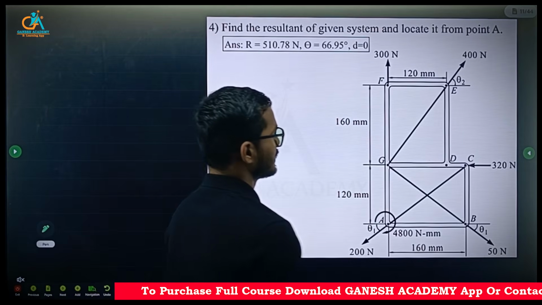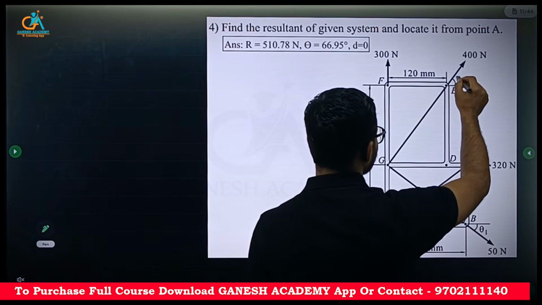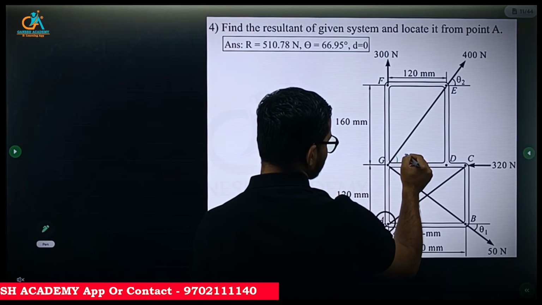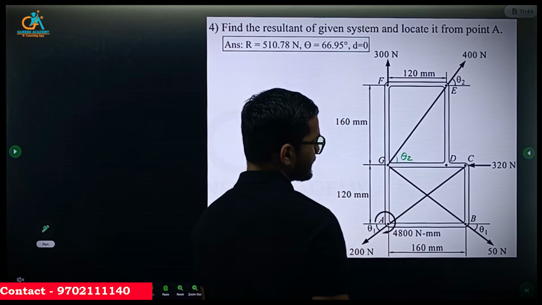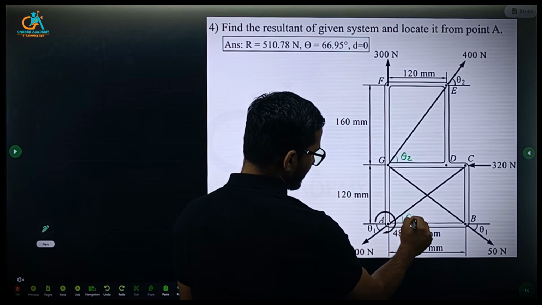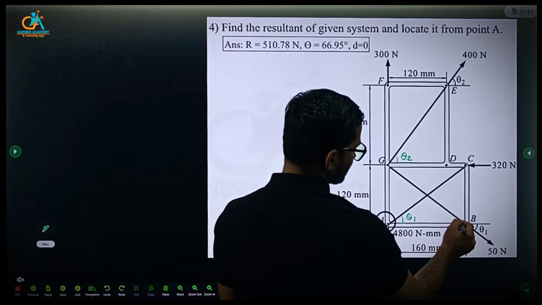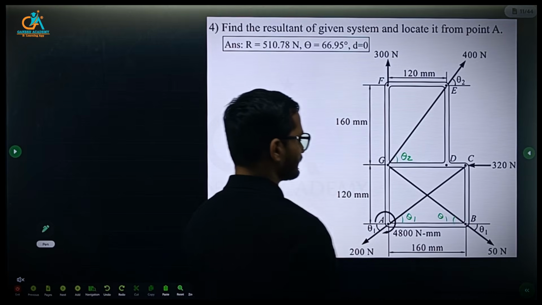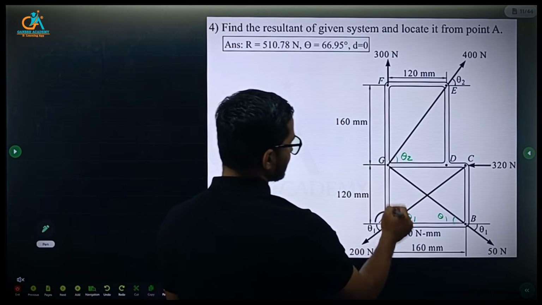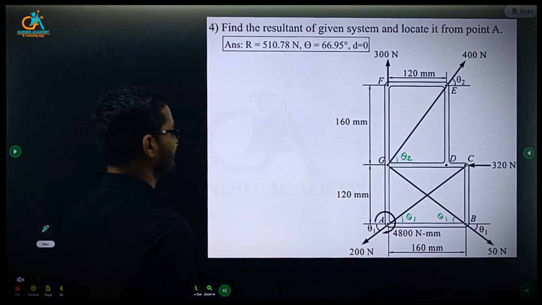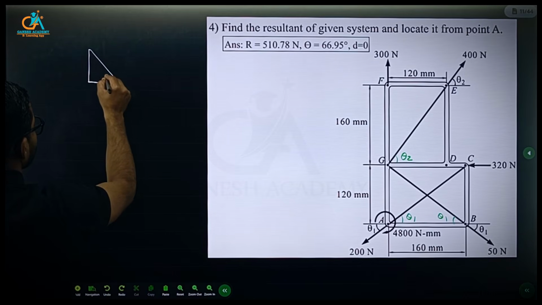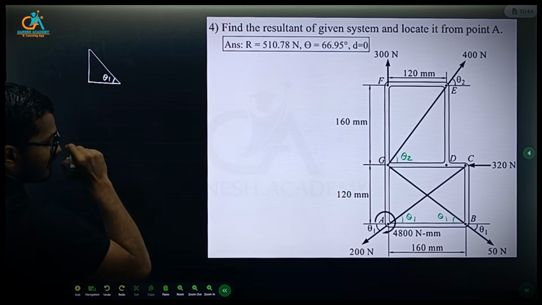So let's solve this. First find the angles. Theta 2, you can just say this is angle theta 2, right? And in the same way this is angle theta 1, opposite angles here, correct? So for theta 1 consider this triangle, right?